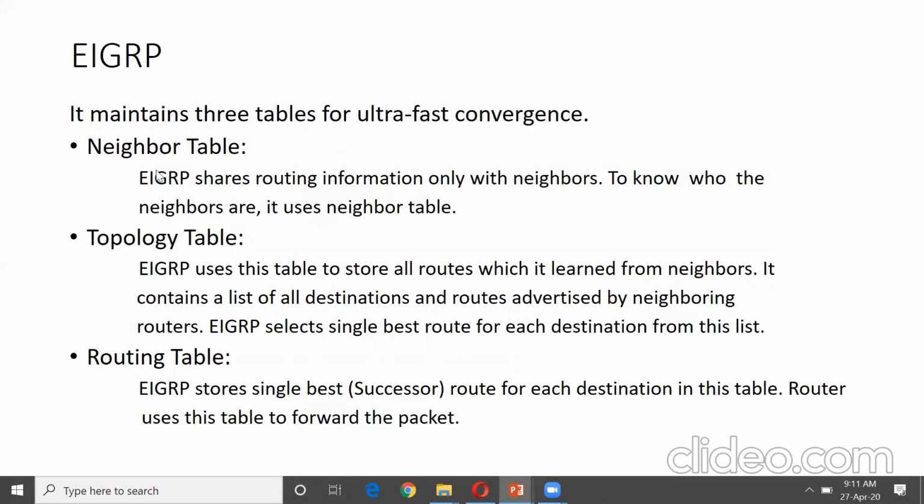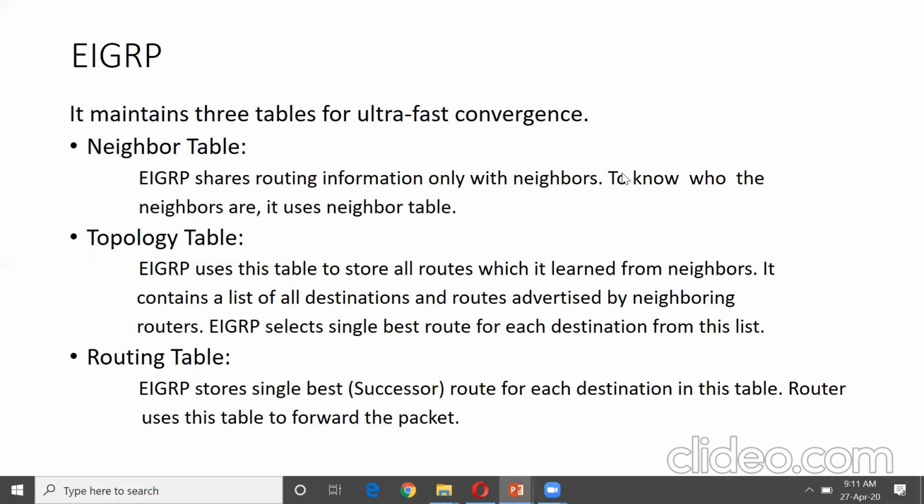It finds the neighbors and shares the routing information. That's why EIGRP is known as a hybrid protocol, because it follows RIP as well as OSPF. So it has features of distance vector as well as link state. To know who the neighbors are, it uses the neighbor table.